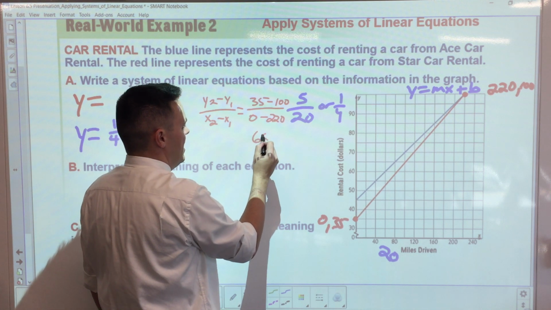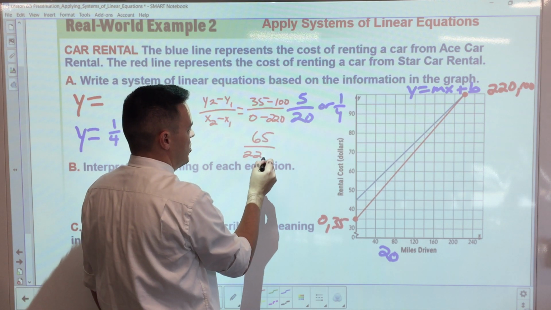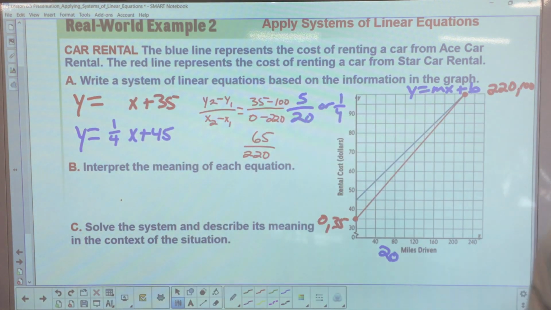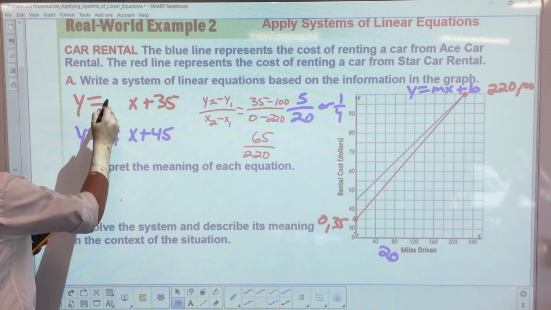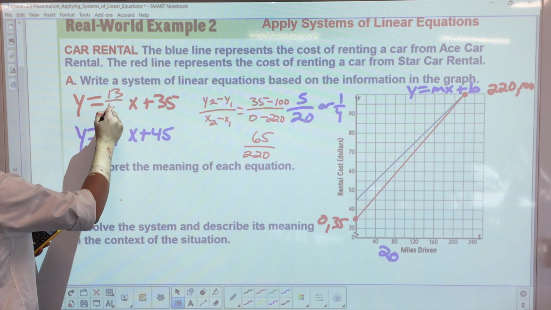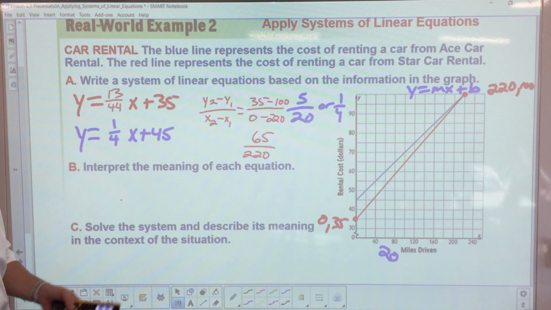It's a 65 over 220. If I get a calculator, which let me grab that real quick, I want to leave it in decimal form. So it'll be 65 divided by 220, and it's going to come out to be 13 over 44. All right, that's my equation.